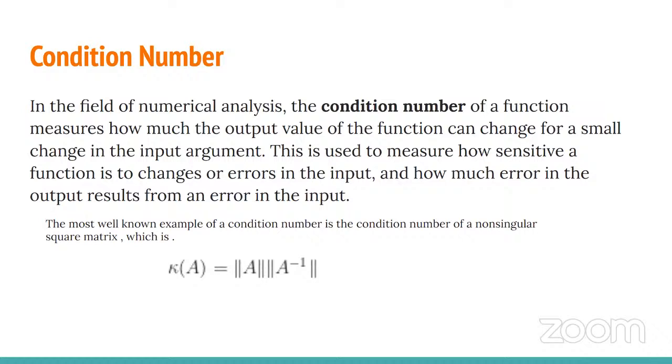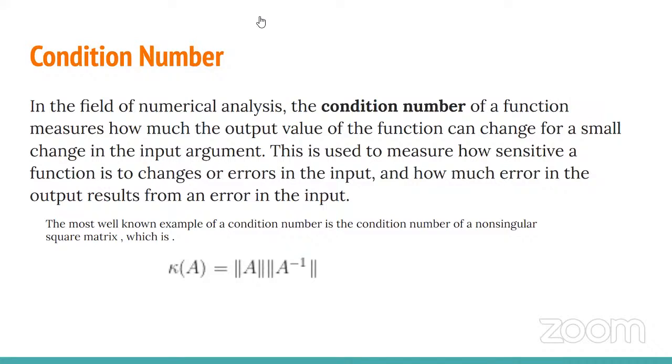There are actually different ways of calculating the condition number depending on the function or system we are talking about. But in this case we're talking about a linear matrix, an n by n matrix. The most well-known example is the condition number of a non-singular square matrix, which is the norm of A times the norm of the inverse of A.